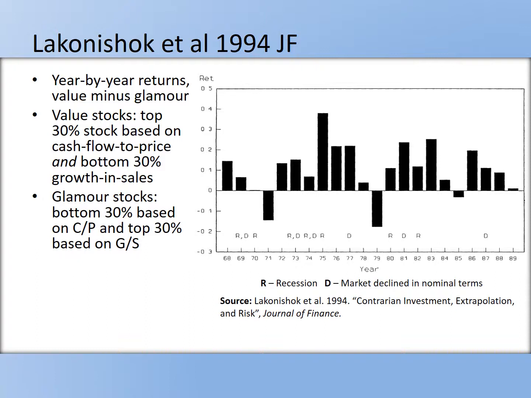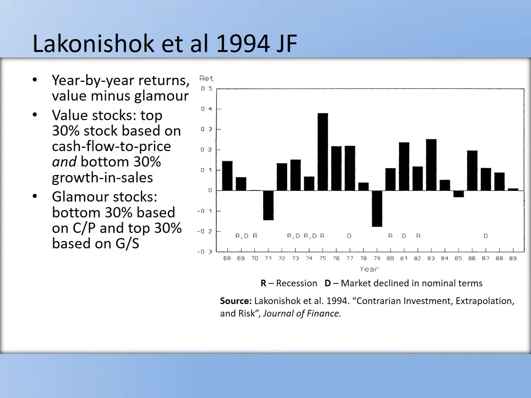So you can imagine that the value stocks are somewhat boring stocks. They generate a lot of cash relative to their price, but they are not growing a lot. So they're kind of boring stocks. That's why it's called value.